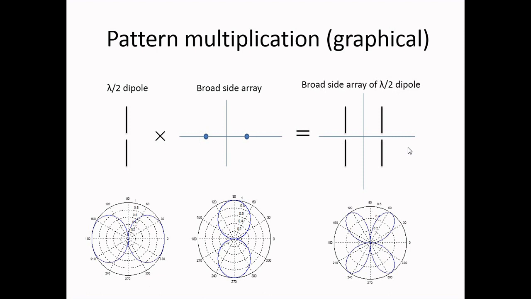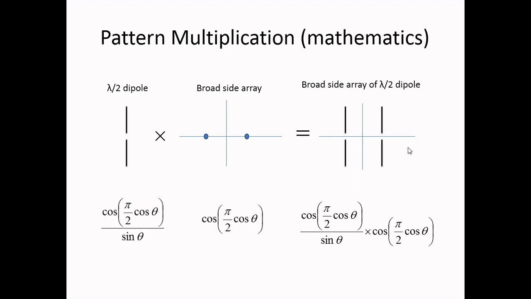This method of explanation is graphical, and there is another way also. We have this half-wave dipole and a broadside array. If we want to multiply their radiation patterns, we have to multiply these two expressions, where this expression is for the radiation pattern of a half-wave dipole, and this one is the array factor of a broadside array.